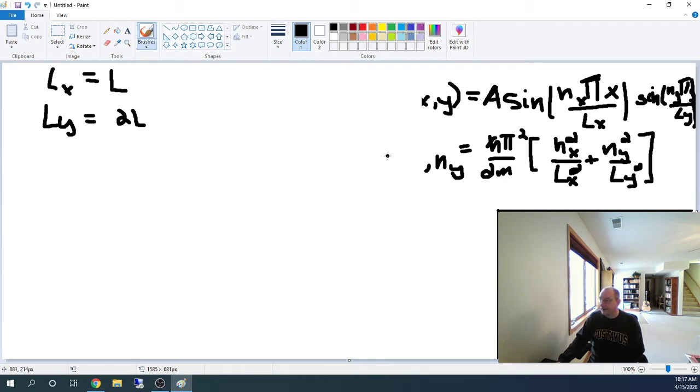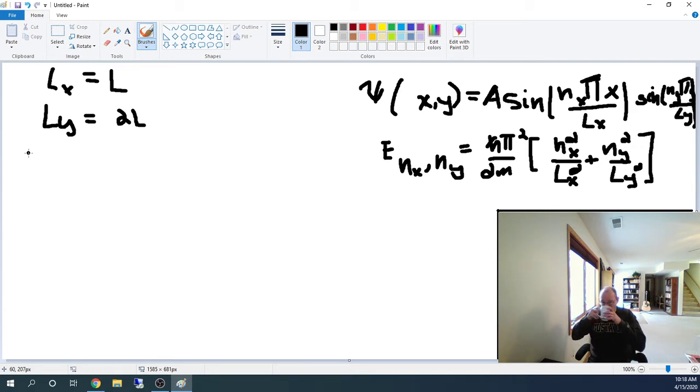So this is E of n sub x and n sub y, and then I've got psi here, which is a function of x and y. Let's just worry about what the energies are for a particle in a two-dimensional box that has these dimensions.